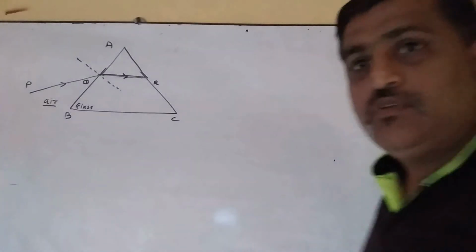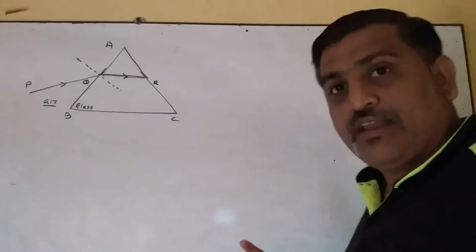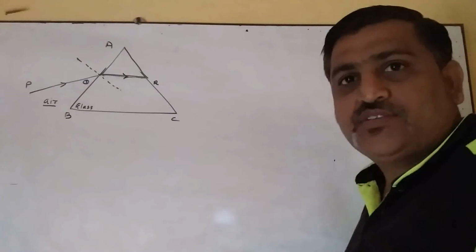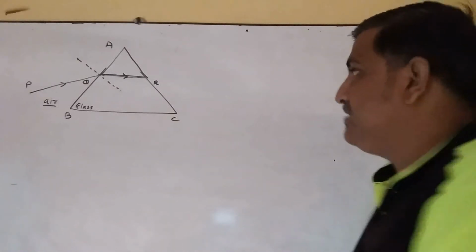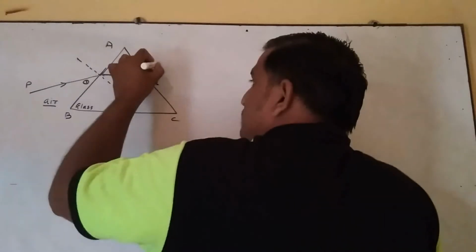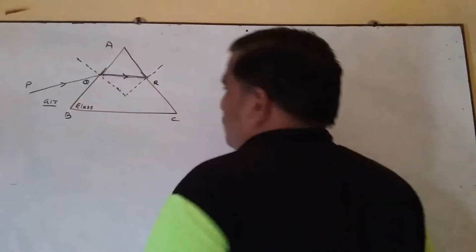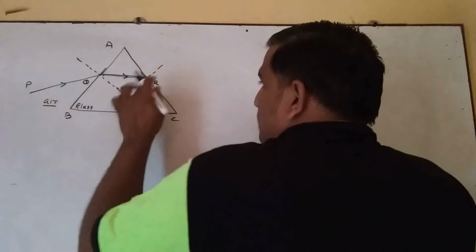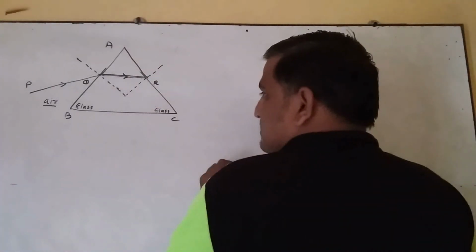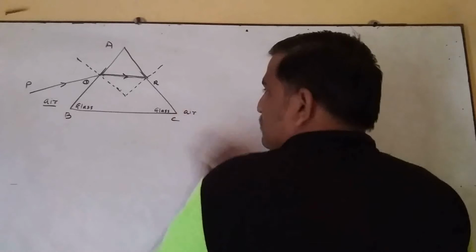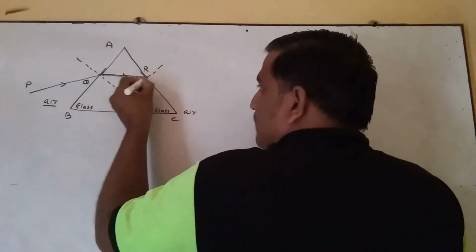Now this refracted ray QR again strikes the second face of the prism AC and suffers refraction a second time. Here it is going from a denser medium, which is glass, to the rarer medium, which is air. So it bends away from the normal.